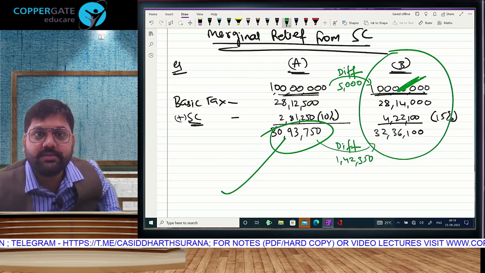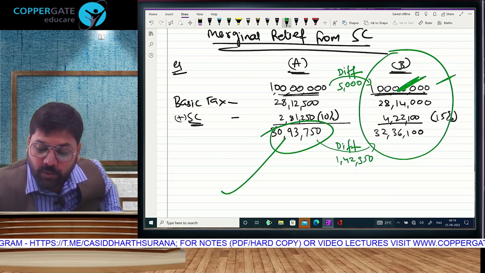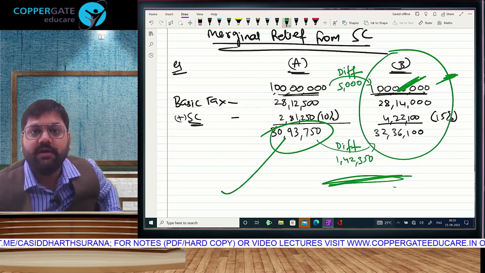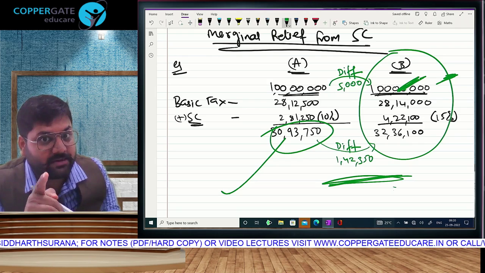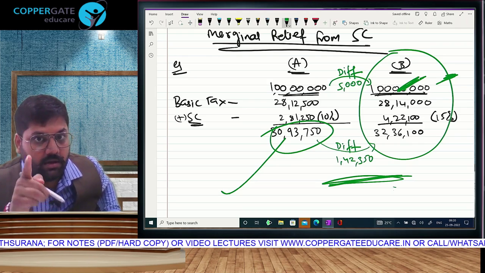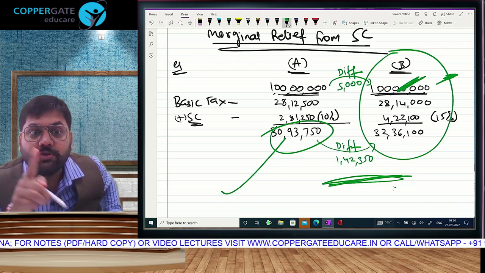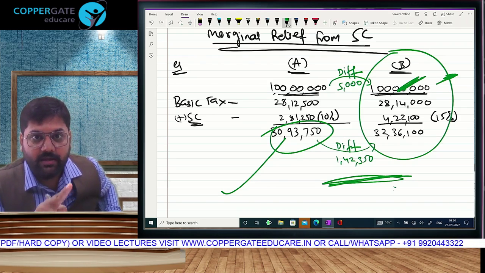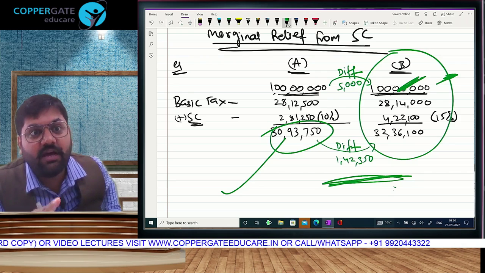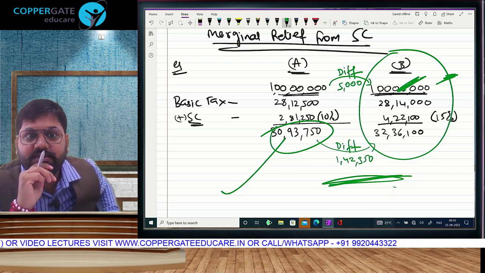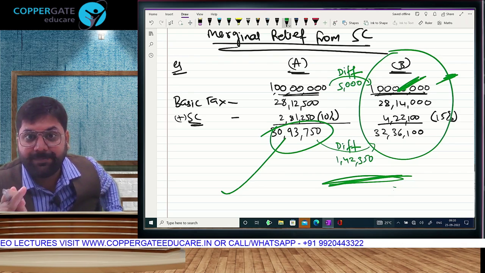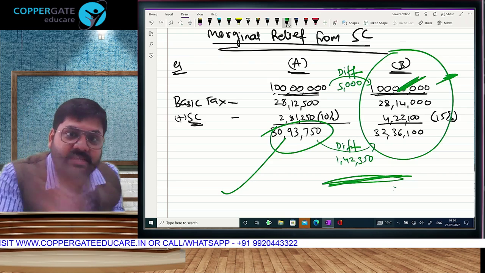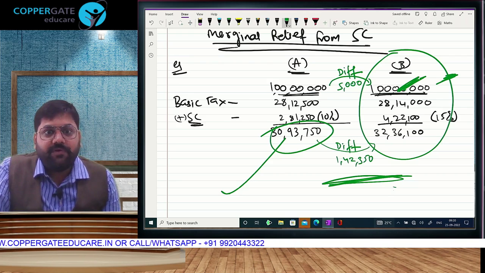And this will be his tax. Just because the poor guy has shown 5,000 extra, we are increasing his tax by 142,350. I will make a statement, you agree or disagree. There is a person whose tax is increasing by rupees 142,350 because his income has increased by 5,000 rupees. Agree or disagree? I'll repeat the statement. There is a person whose tax has increased by 142,350 because his income has increased by 5,000.